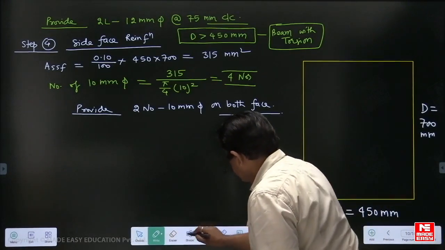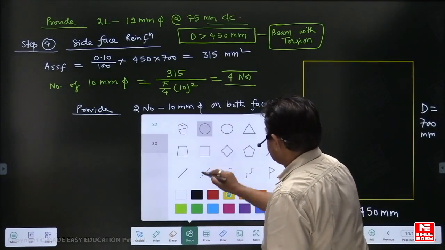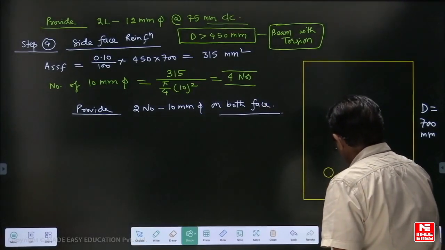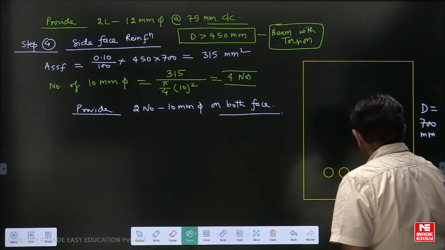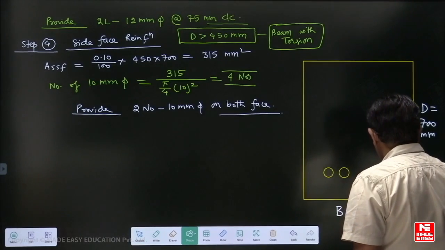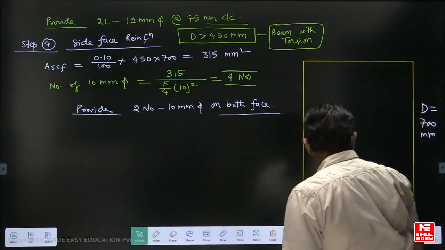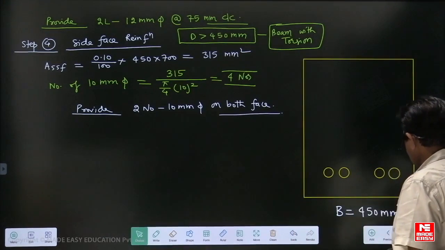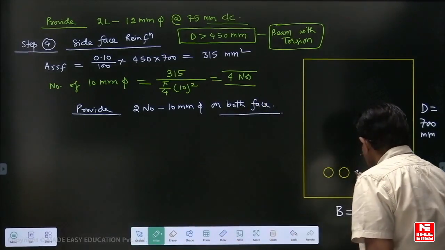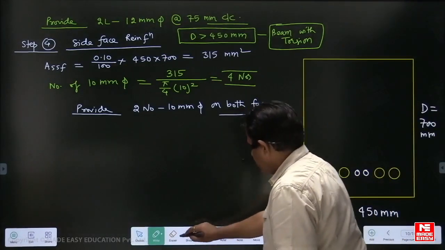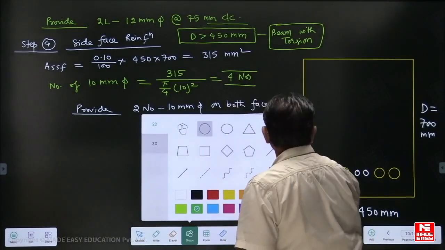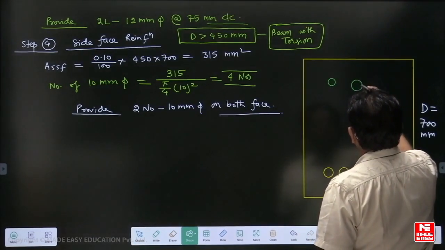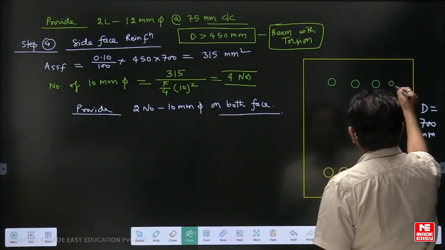We can provide reinforcement like this. Two more reinforcement I can show here, and then we can show reinforcement here also. 1, 2, 3 and 4.